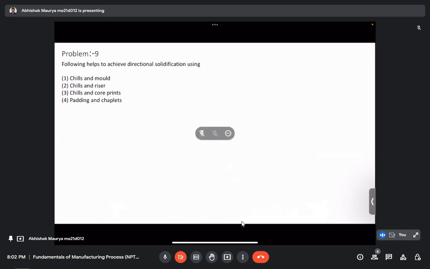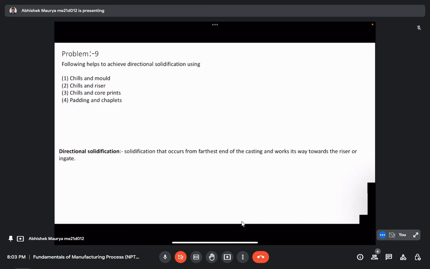Okay. So there are some casting terminologies given here, like chills, mold, riser, core prints, padding, and chaplets. These are casting terminology, but we have to see which are useful to achieve directional solidification. So let's see what directional solidification is. Solidification that occurs from the farthest end of the casting and moves towards the riser or the ingate.